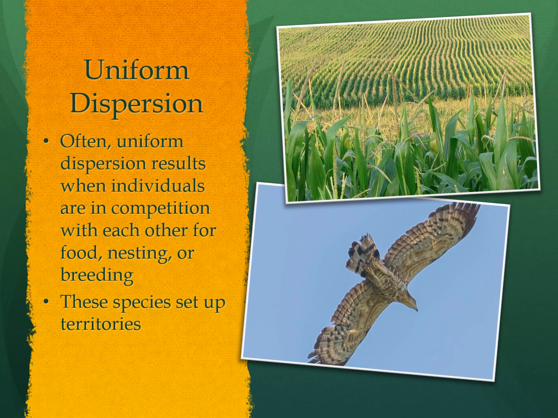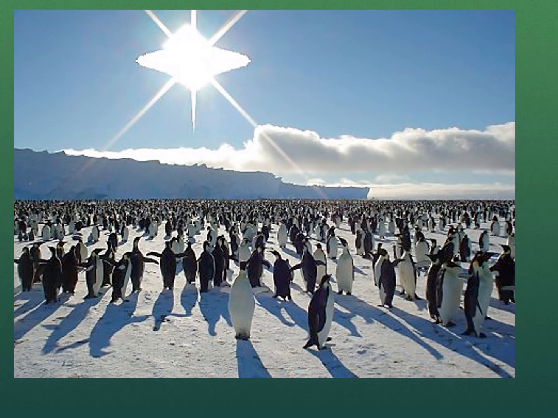Those are the species that we say set up territories and defend those territories. Also, humans, when we grow crops, we're creating these monocultures of uniformly dispersed crops. During mating season, emperor penguins go through uniform dispersion when they spread out and give themselves a little bit more space and pair up.